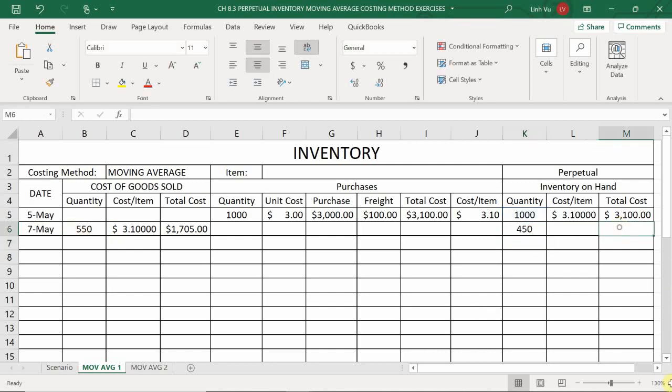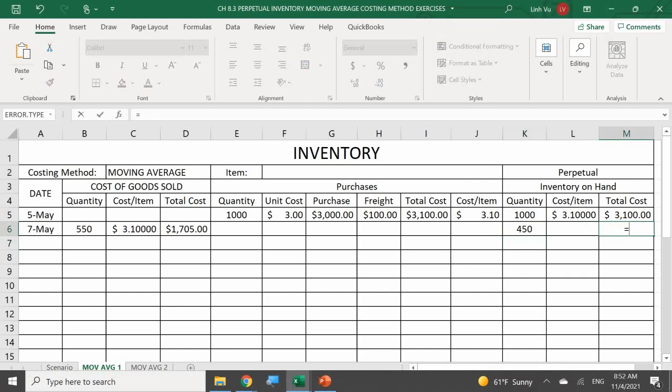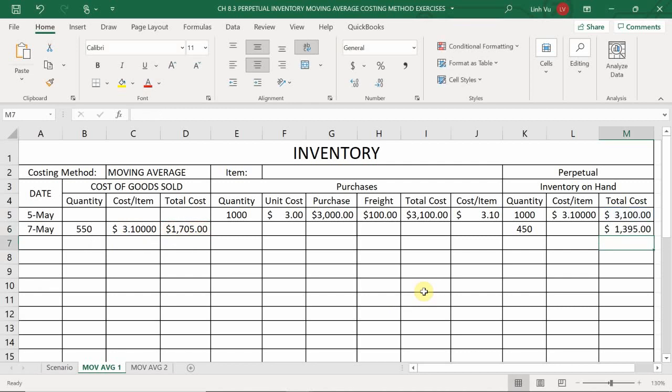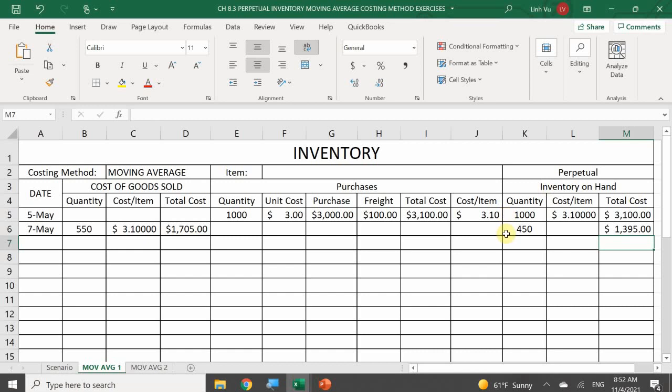I'm going to do the same thing to my total cost: I'm going to take my 3,100 and subtract my 1,705. So that's my new quantity and my new total cost.